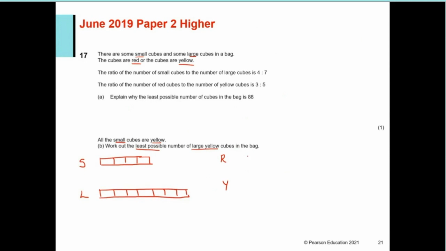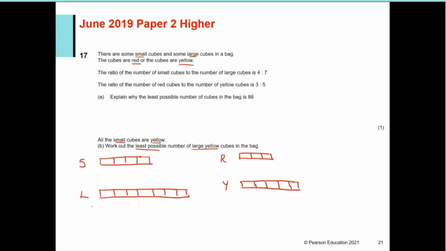And the ratio of red to yellow is 3 to 5. Sorry, I should have changed my colour pen really, not done it all in red. So set up our initial bit. Now we know that the least number of cubes that this could be is 88.